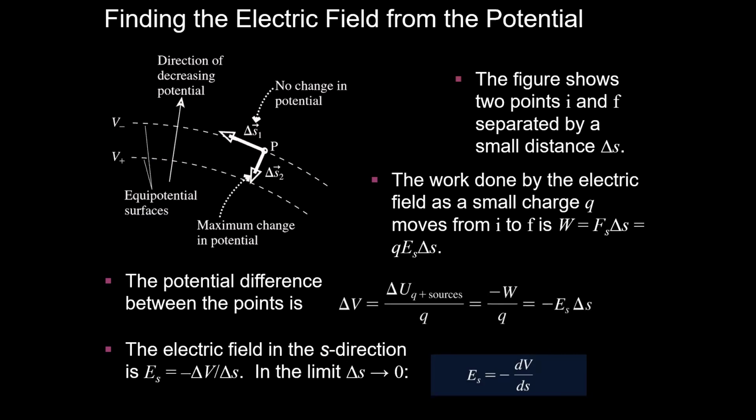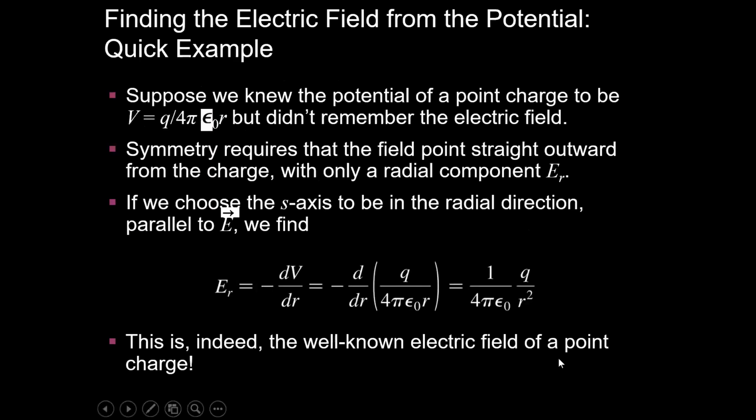We're not going to be doing that in this class, though. So this quick example is the opposite of what we just did. If we know that the electric field is minus the derivative of the potential, then we get our expected value for the point charge. But you could do this with any charge distribution for which you found the potential.